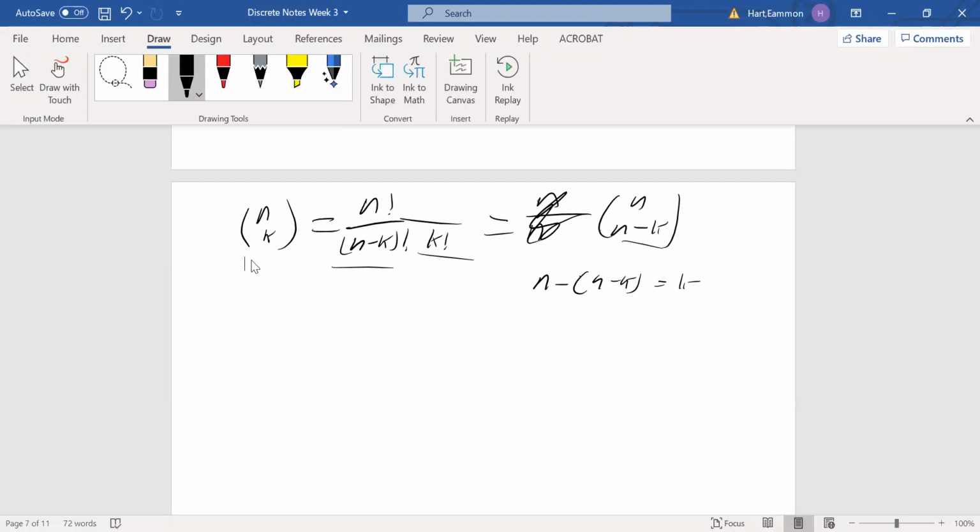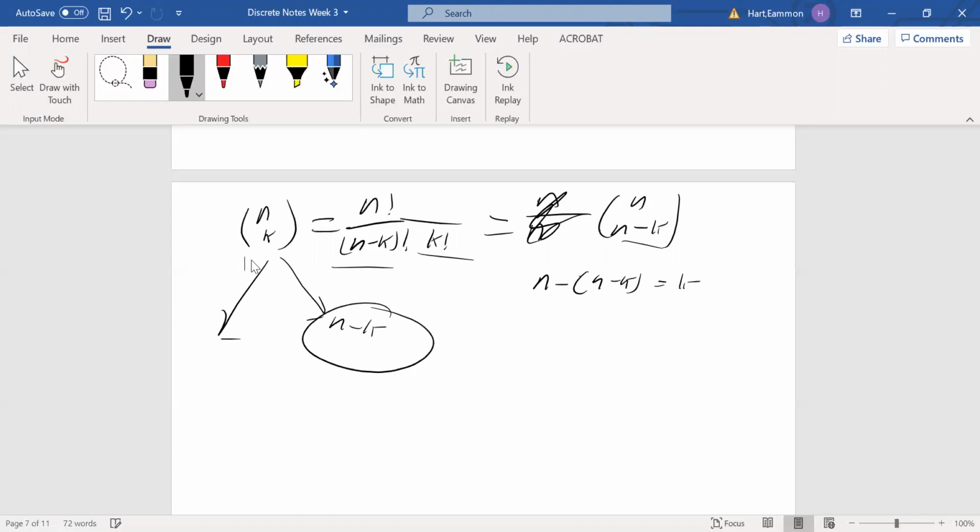This makes sense if we think about it. This is basically an algebraic proof, but if we think about the meaning of these things, this is saying how many different ways are there for me to pick k things to put in this box. But that means that I'm leaving n minus k things in here.